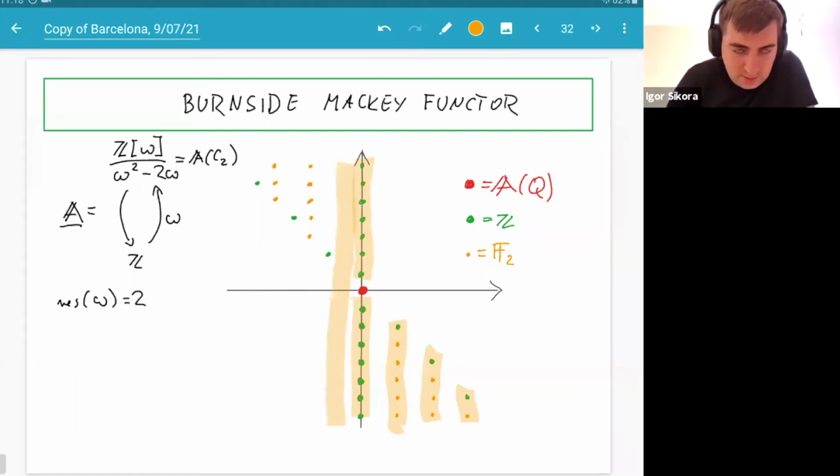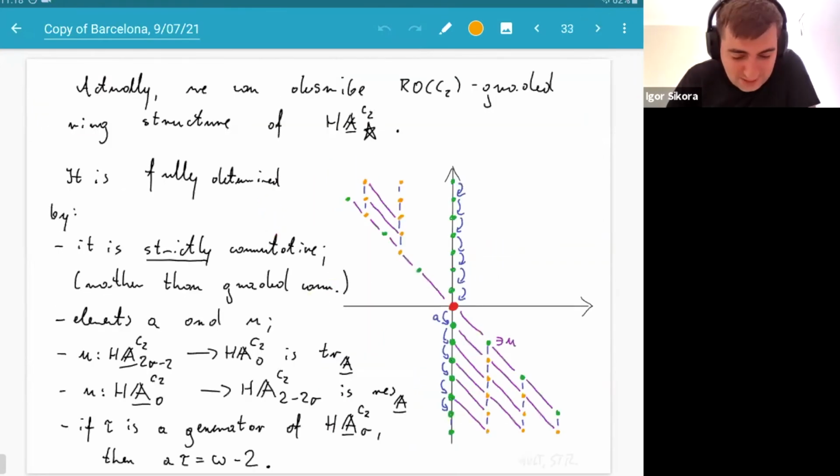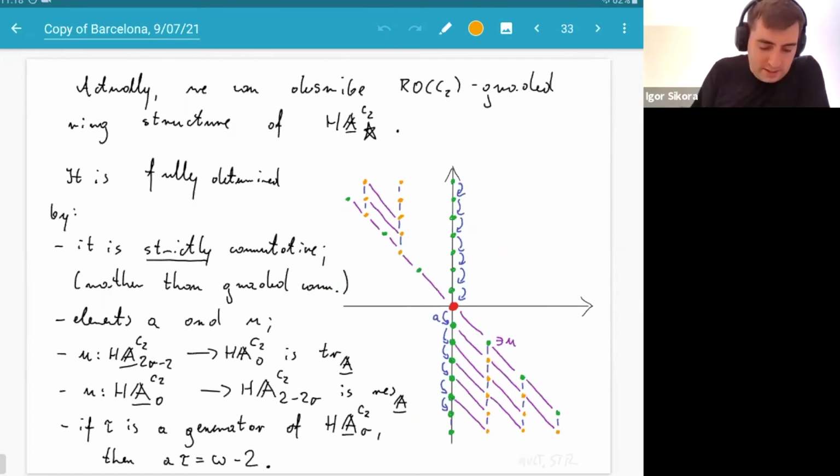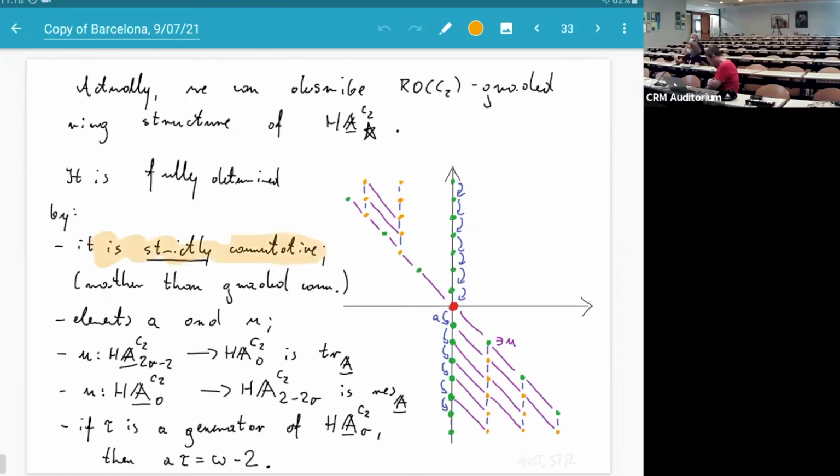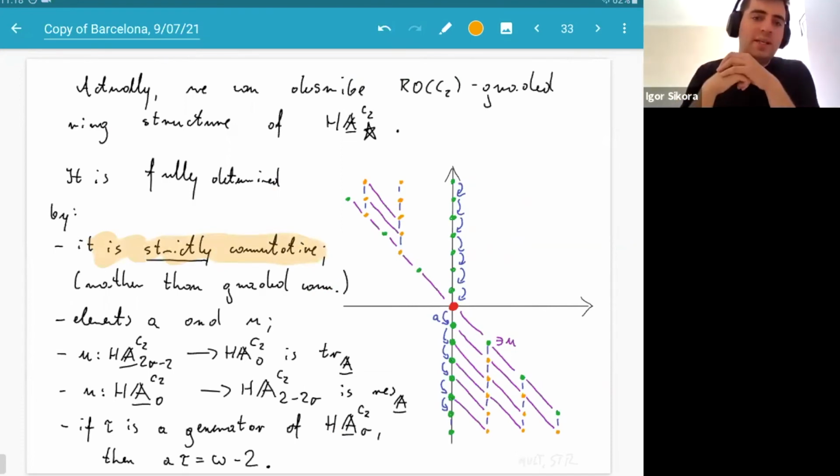And actually, using the Tate square, or by different methods, but I did it by the Tate square, we can describe the RO(C2)-graded ring structure of the coefficients of the Burnside Mackey functor. So it is fully determined by the following. It is strictly commutative in the sense that if we have a graded ring, we have that xy is equal to yx up to some sign.